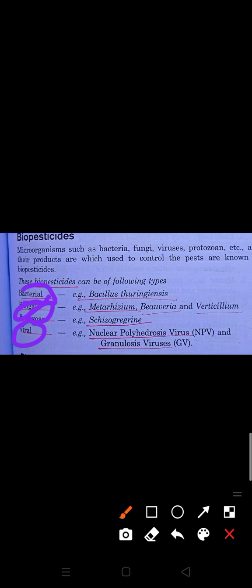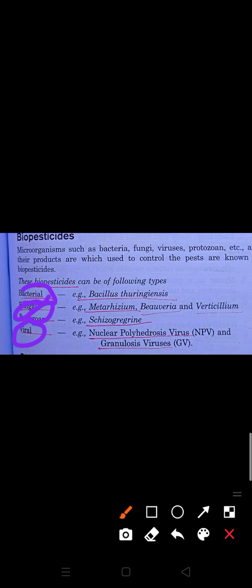These toxic proteins create poison inside the insect's abdomen. Okay, the bacterium secretes such proteins in the insect's abdomen, because of which the insect dies. Okay, so this is the way by which we can use these bacteria as a biopesticide.